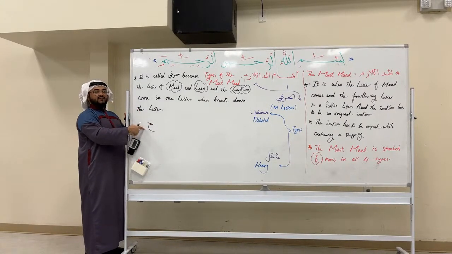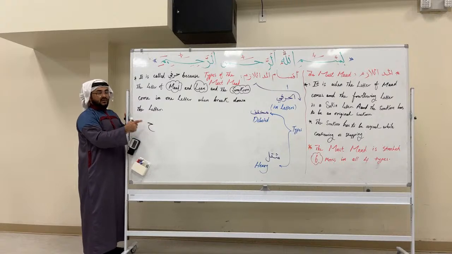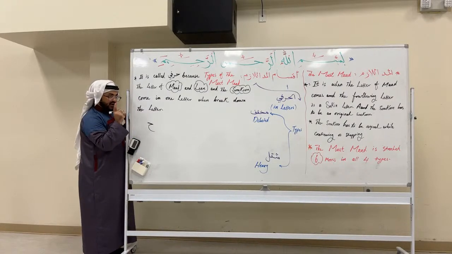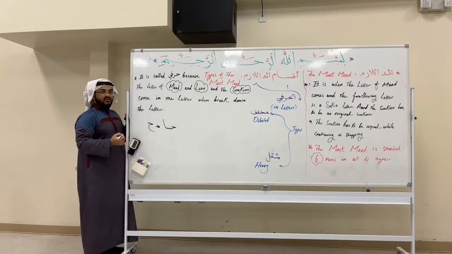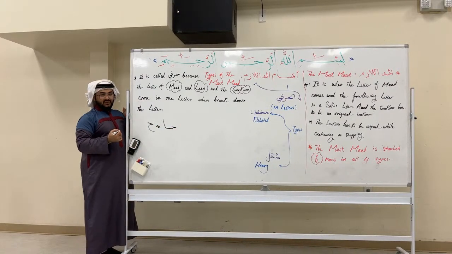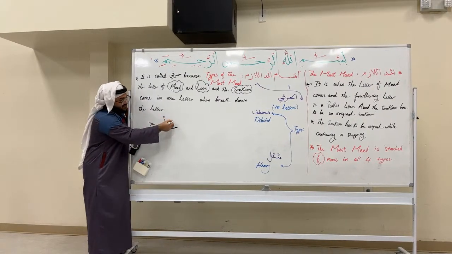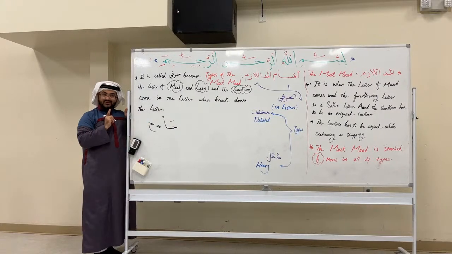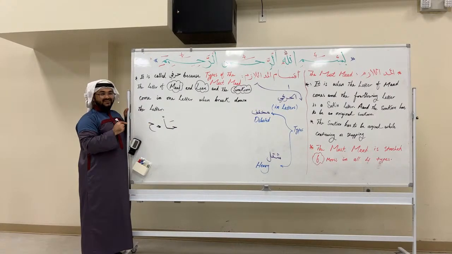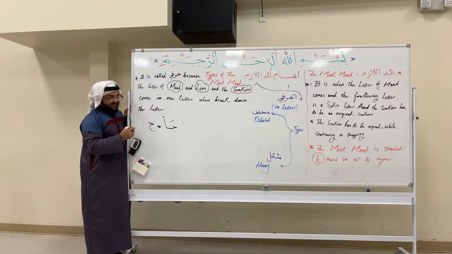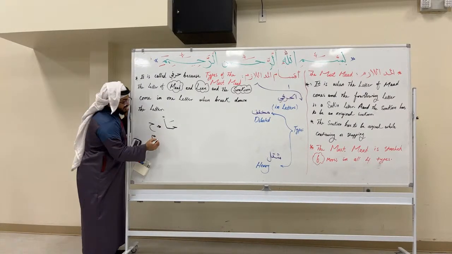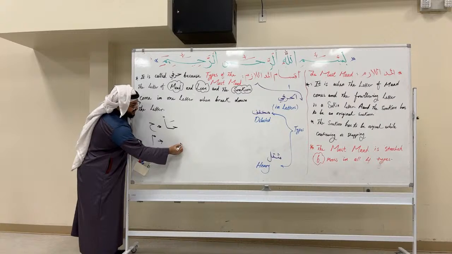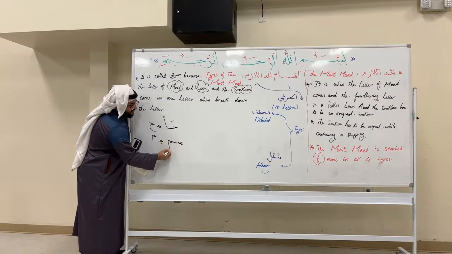What's the name of this harf? But if you break it down, how do you write it? You write it this way. That's alif sakin, and that's how you break it down. You see that? For example, what's this letter? Meem. But this is how you break it down.